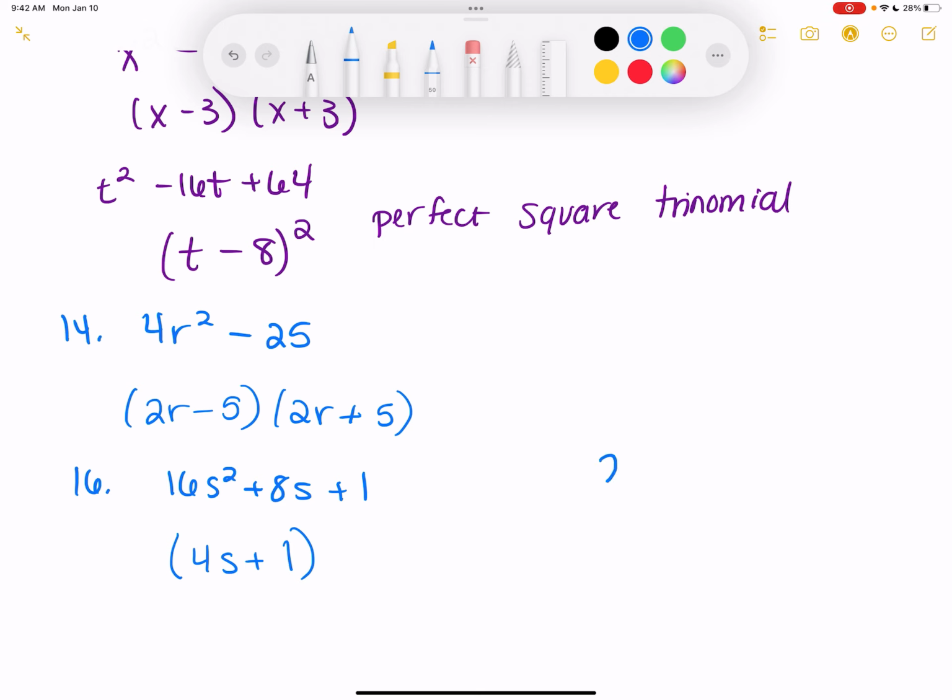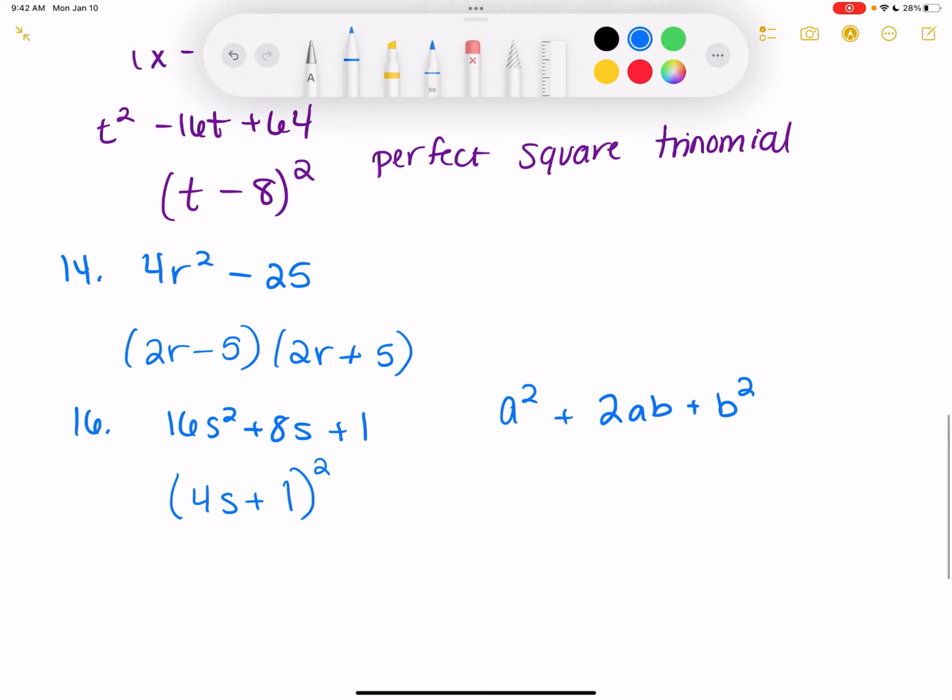So the middle term is 2 times a times b. The form is a squared plus 2ab plus b squared. Or obviously the signs could be different, but that's what it looks like. And then we square that whole piece.